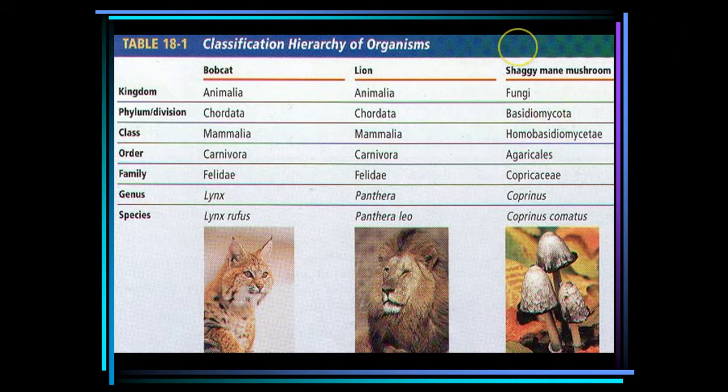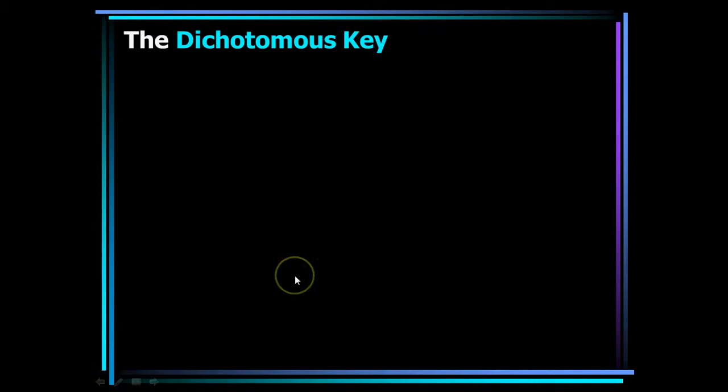It's in the family Coprinaceae. It's in the genus Coprinus. And it's in the species Coprinus comatus. So you can see how even two organisms that are similar all the way down to the end, once they get to that genus, that tells us there's something different about these two species.